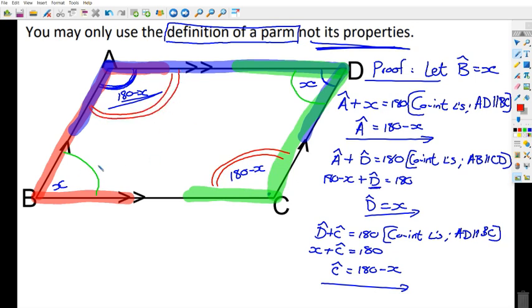Can you see that both pairs of opposite angles are equal? Let me write that down. Therefore I can say that angle A is equal to angle C, and angle B is equal to angle D. We proved that above. So what did I just prove?